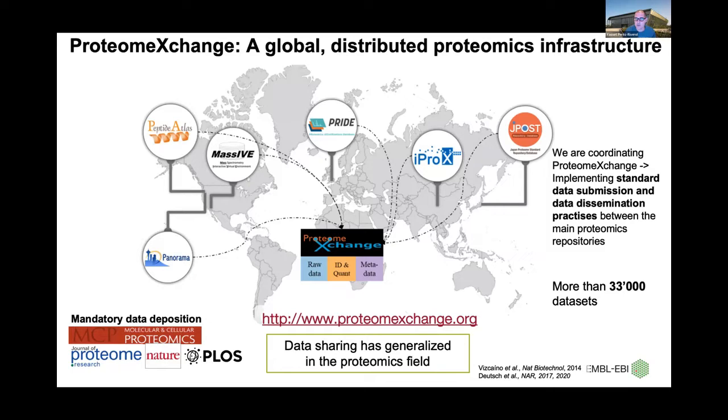This is thanks to a lot of people behind the idea of ProteomeXchange, and journals have also pushed quite a lot, MCP, JPR, Nature journals, to make it mandatory for proteomics data to be public with each publication.